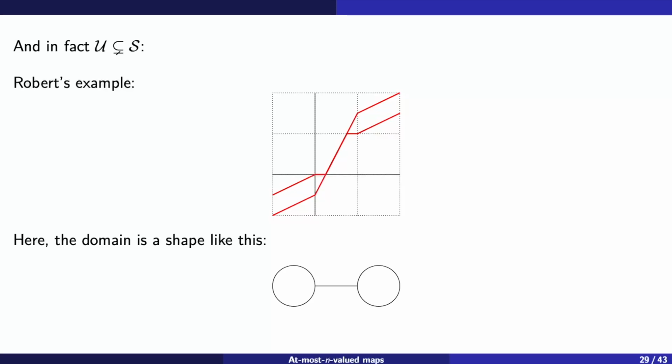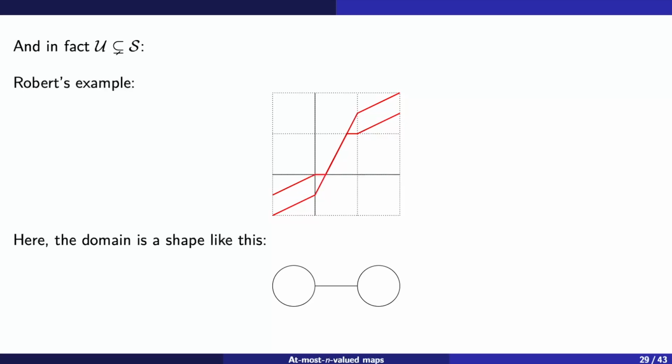So the interval in the middle is a real interval, but then the 2 ends of it have their ends glued together. So the domain is this kind of, I don't know what that's called. But anyway, this is an example of one that can be written as a symmetric product map, but it cannot be broken down as a union.